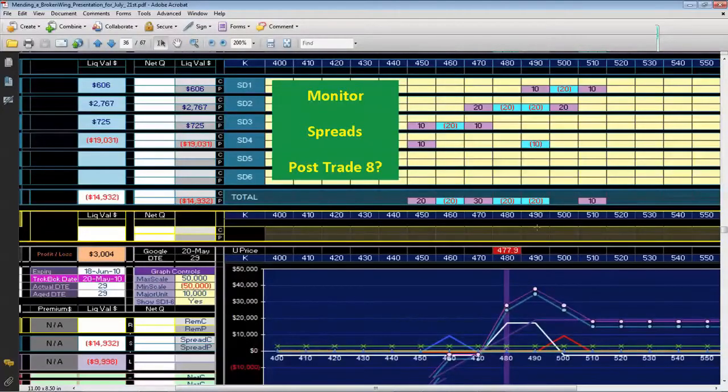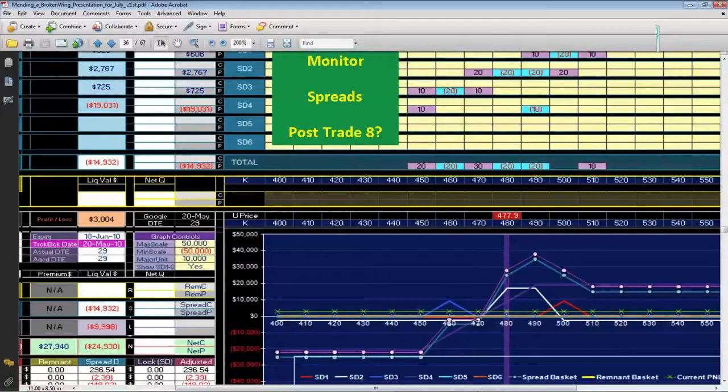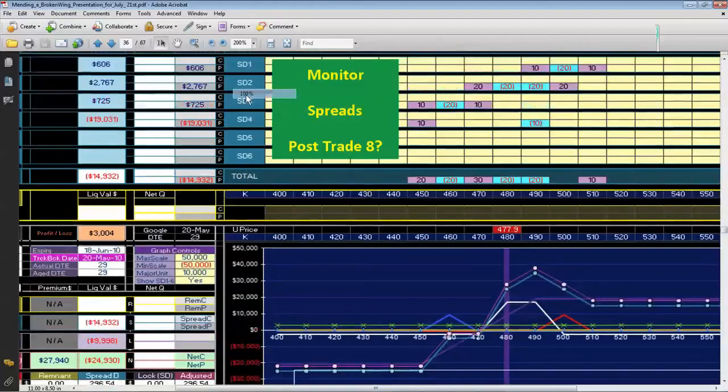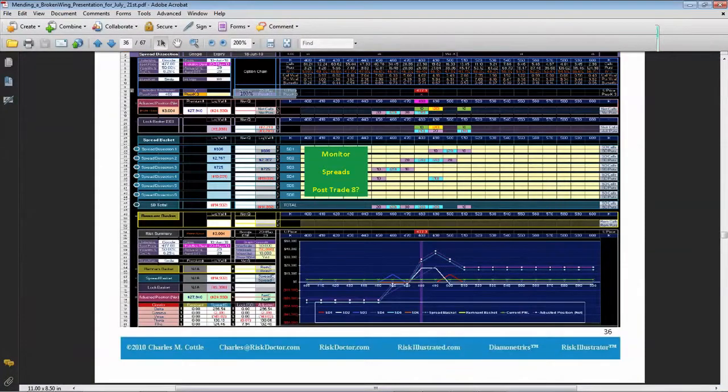It's the same. Here's the breakdown of the risk. The blue butterfly, the white condor, the red butterfly, and this big vertical in purple that's short a 10 lot instead of the way I was looking at it above. You could have in red, I didn't mean to do that.